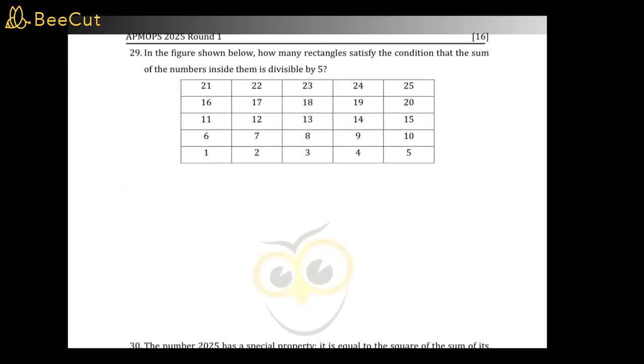Now, question 29. So we can arrange this, classify these numbers according to the remainders when divided by 5. The first column, everything is remainder 1 when divided by 5.